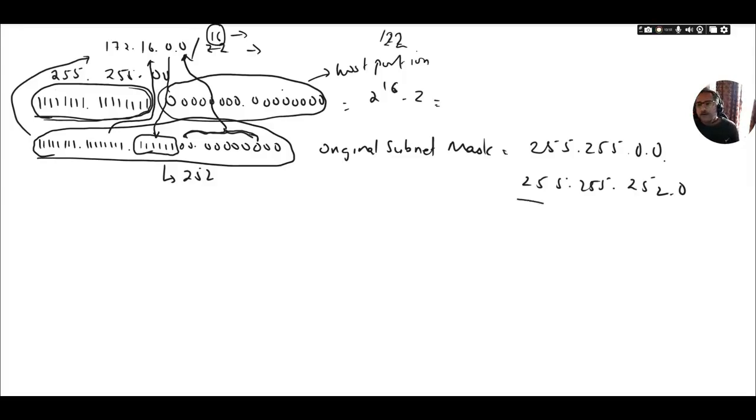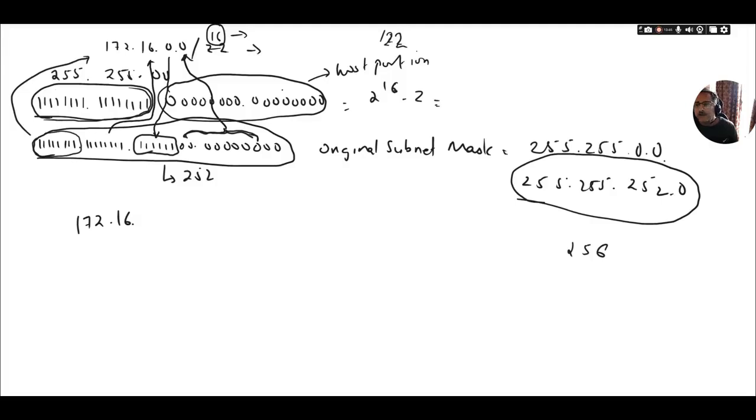Now we have to find out the subnets. This is a bit tricky. The earlier example was very simple; now this is a bit tricky. This is a class B, so 172.16 will remain constant. Now we have to find out your first subnet. The entire range, 0 to 255, is 256.